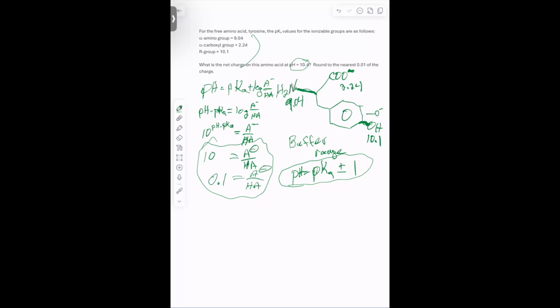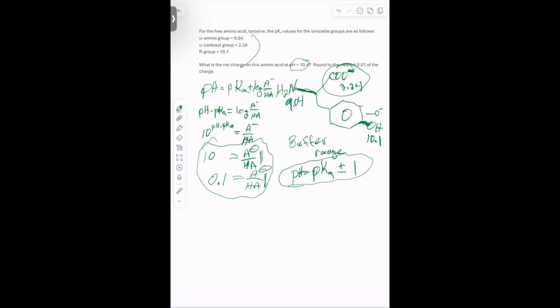And therefore, the fraction of COO minus, for instance, is going to be very high in this case. So let's just play around with this one here, and see what range we're dealing with.